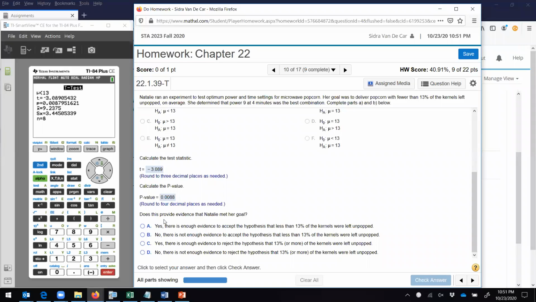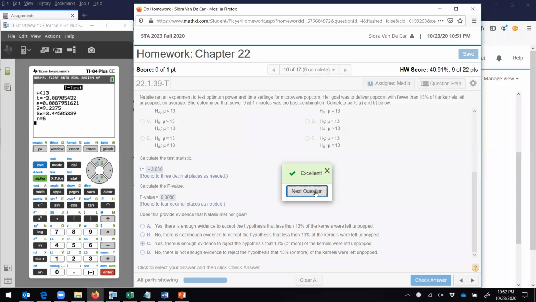So that's less than 0.05. So yes, there's enough evidence to reject the hypothesis that 13% or more of the kernels were left unpopped.